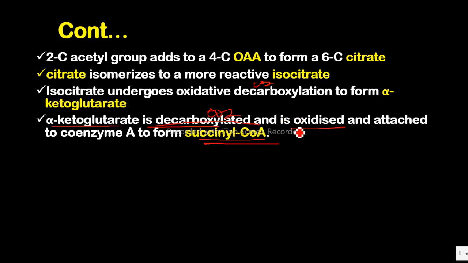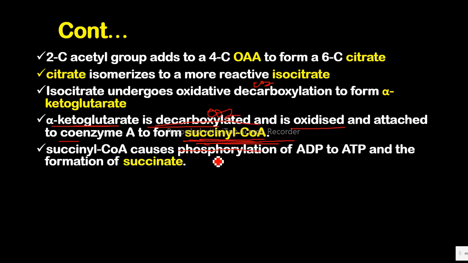Now the compound that is formed, being unstable, is attached to another coenzyme A, which is like a carrier protein. You form succinate, and the succinate attaches to the coenzyme A to form succinyl CoA.